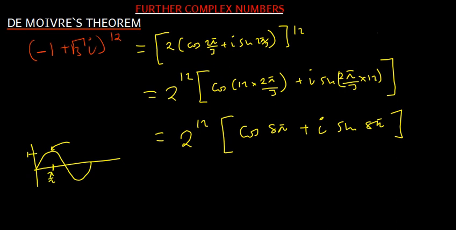This point is a 1. The angle here is 180, which is pi. This point here is at 3 pi over 2.